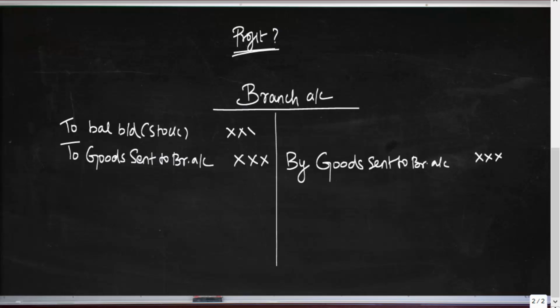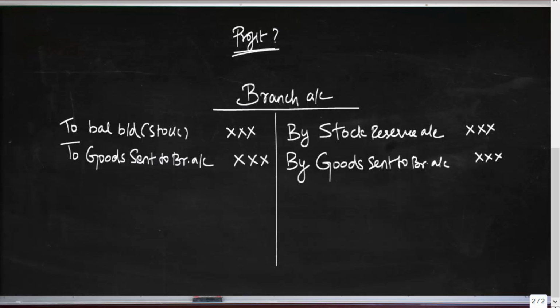Whatever profit is loaded or included in the opening stock has to be reversed to know the cost of opening stock, and for that we credit the branch account to remove the profit loaded on stock. So I'm going to pass an entry: by stock reserve. The entry is basically stock reserve account debit to branch account, and this will give us the profit that is loaded on the opening stock.